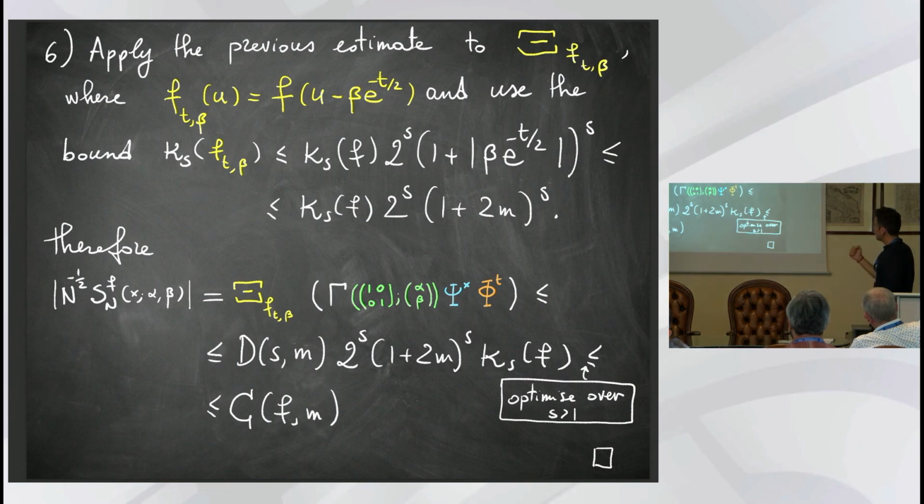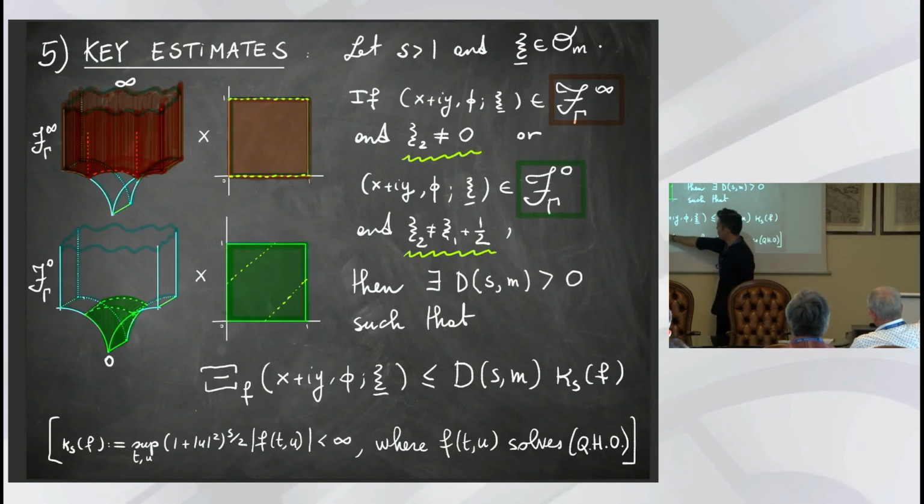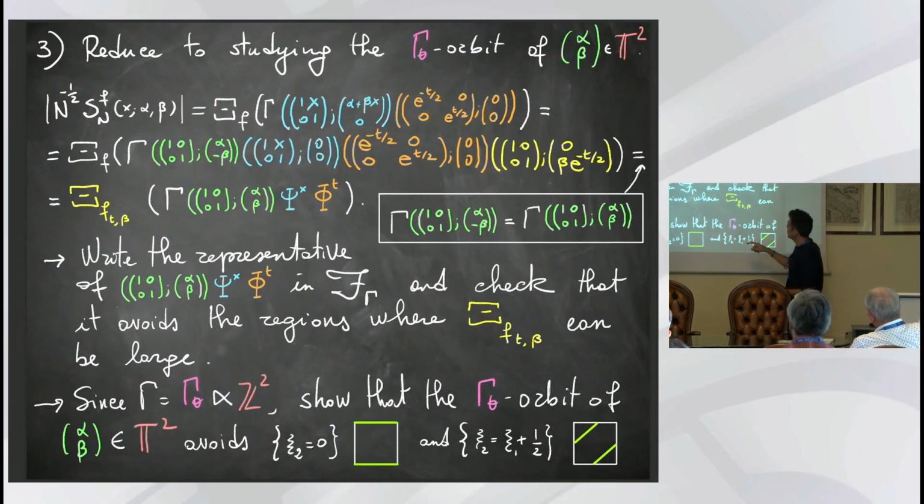Then, as a last step, I need to apply this estimate. This estimate is an estimate that I have for an arbitrary f, provided it's nice. But if you remember this step here, I had an f to begin with, but now I ended up with a slightly different f that has absorbed somehow this small element.